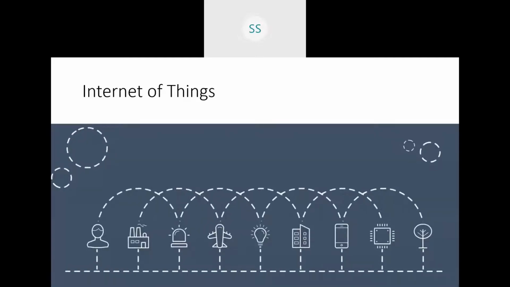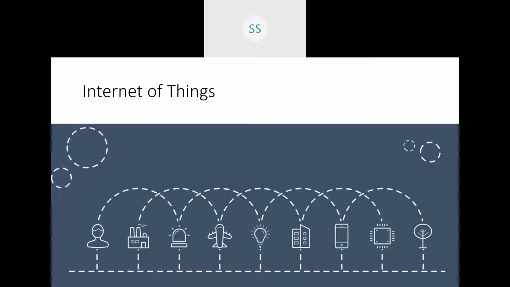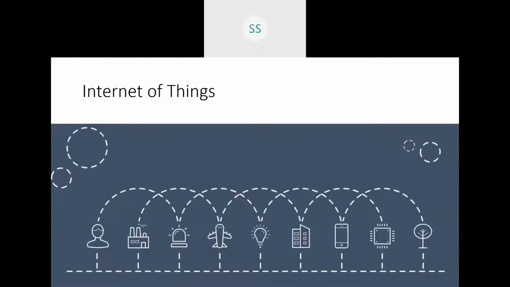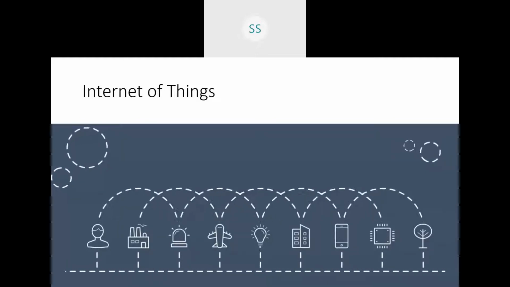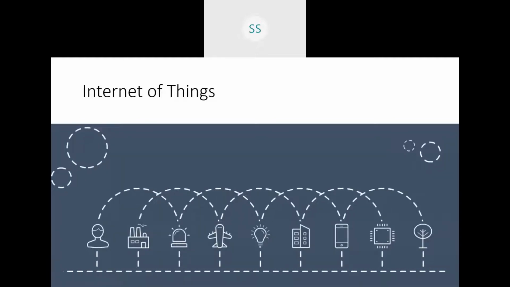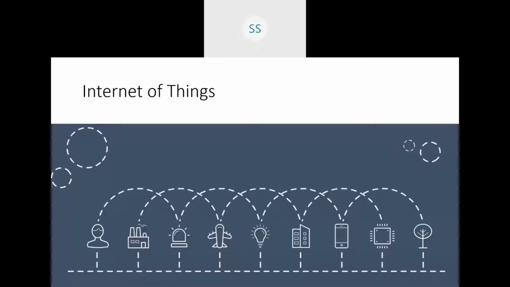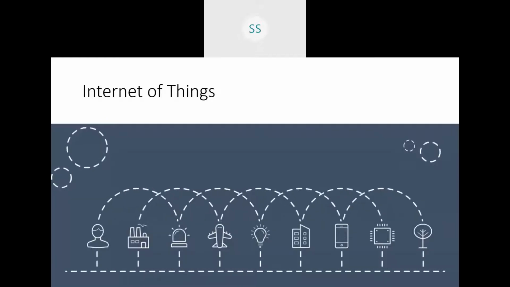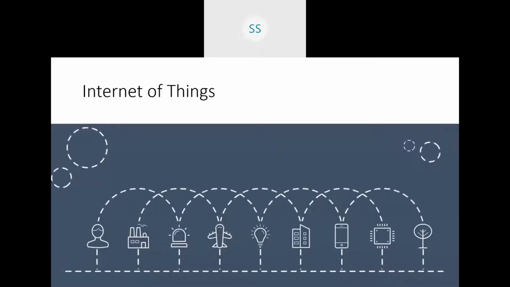IoT means connecting anything and everything in this world to the internet. So what do you mean by anything and everything? It means connecting your pen, your mouse, your laptop, your handheld devices like your mobile, your shirt, your shoe, your hat, anything, to the internet.